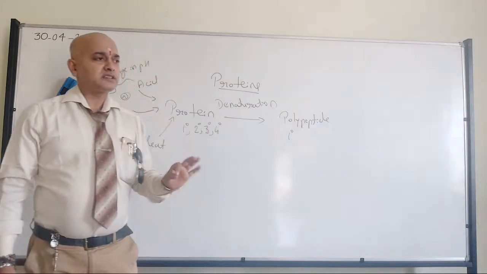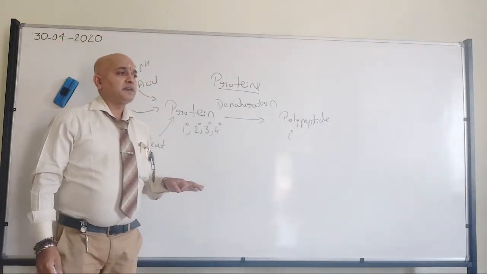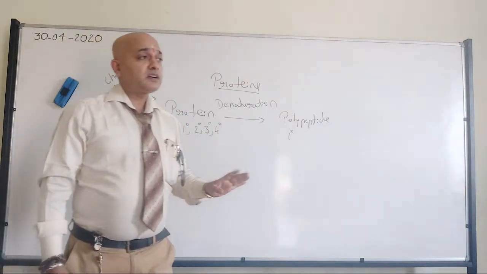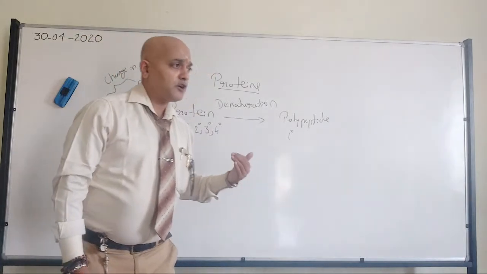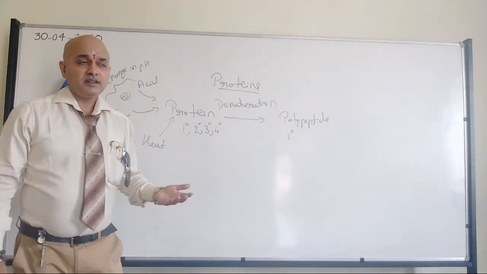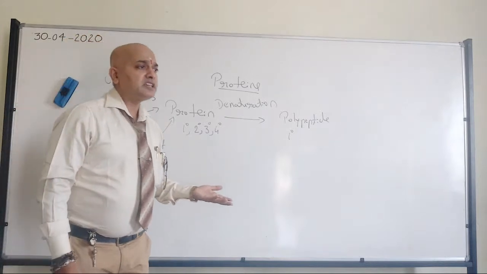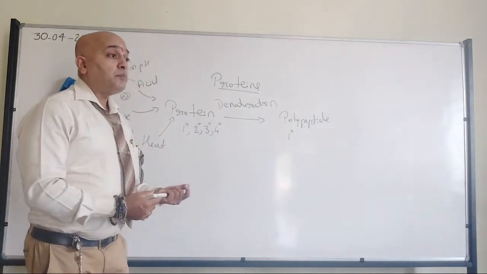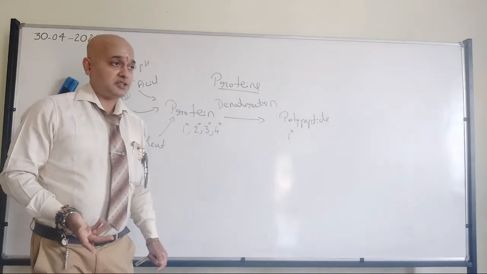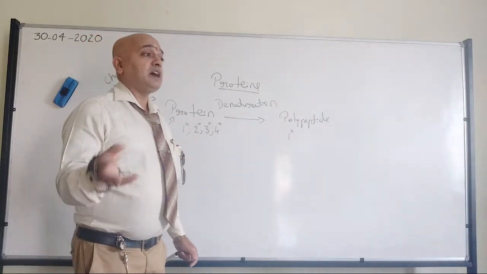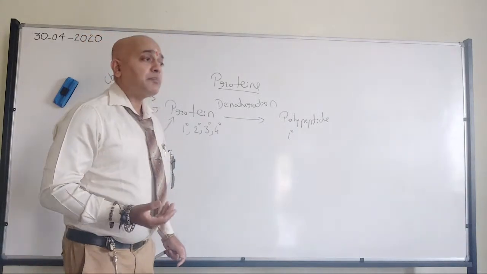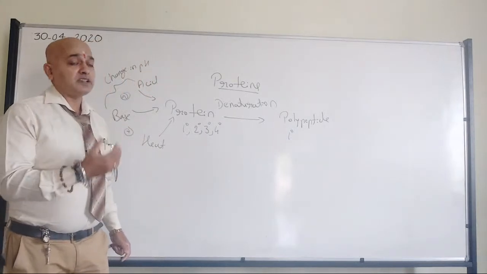Very beautiful example for this one is, every day we are saying curdling of milk or conversion of milk to curd. Right? That's where we have the denaturation, where milk proteins will get denatured. Due to that, we are going to have the curd. Why it is happening? Because change in the pH.